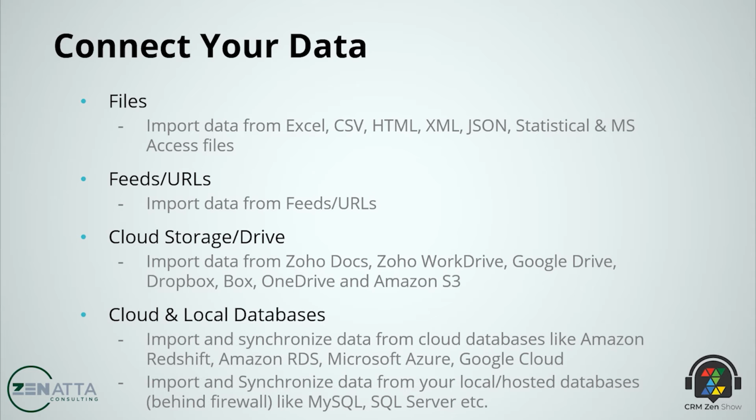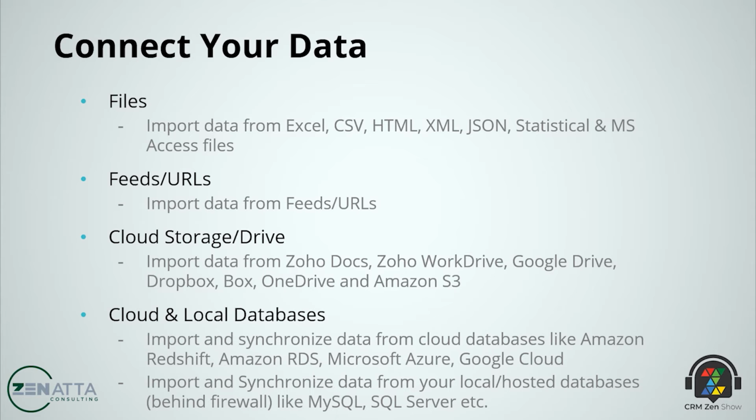There are a lot of ways you can pull in your data. Most of you are probably going to be pulling data from other Zoho applications, and we're going to talk about that as well. But you can get it from files. You can just manually import it. There are feeds, URLs that you can actually pull in data from in real time. Cloud storage, if you have things in OneDrive, Google Drive, Dropbox, or Amazon S3, things that sit inside SQL services.